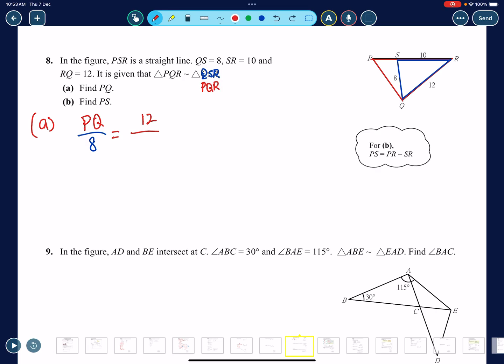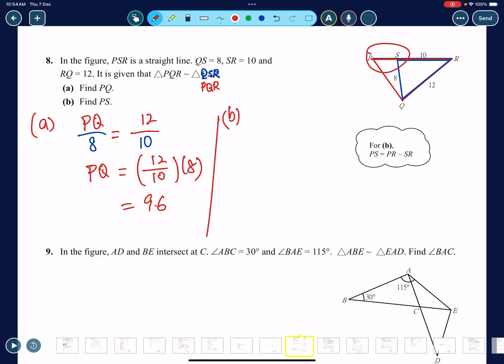QR matching with SR. So SR is 10. So PQ equals to 12 over 10 times 8. 8 times 12, let me use my calculator now. 12 times 8 divided by 10 is... No unit.